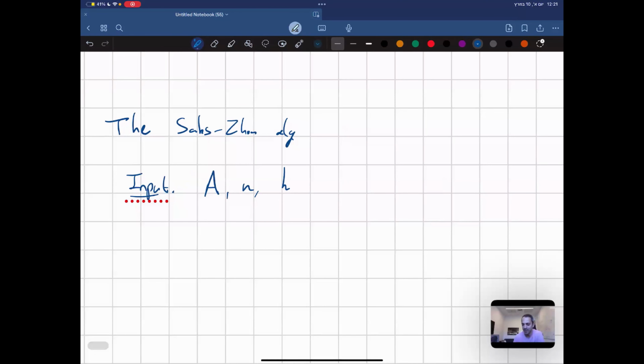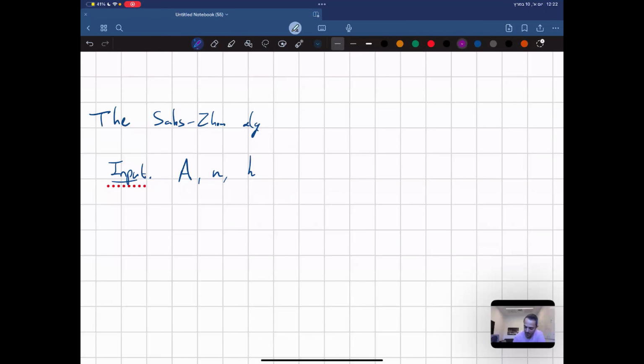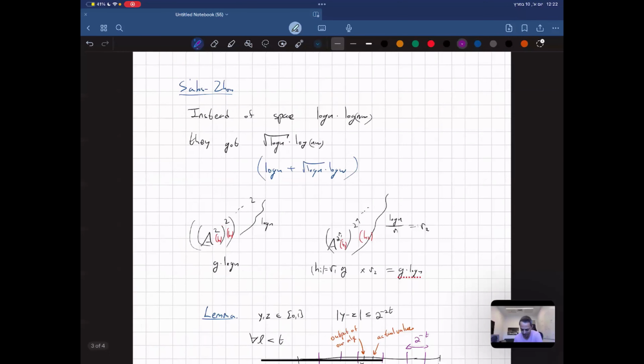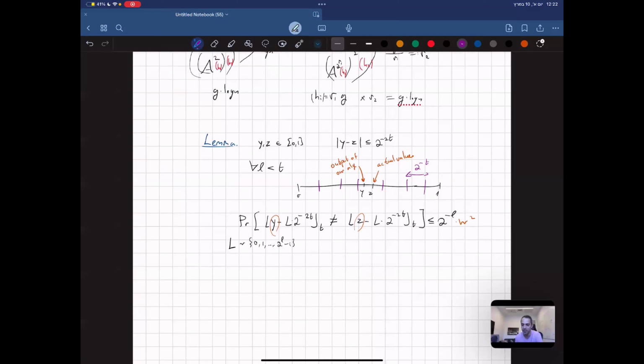So H is what you think is a sequence of hash functions, but of length R1, just enough to get the matrix to the power 2^R1. So let's have a bank of parameters. The main parameter is going to be T. There's going to be L, which is the number of bits you invest in order to shift things.